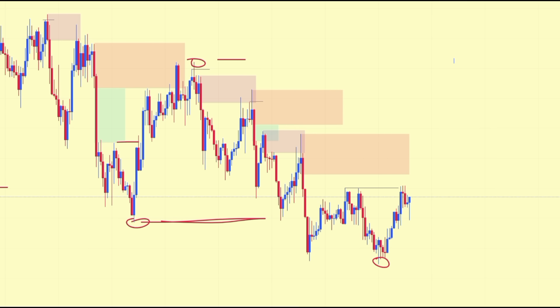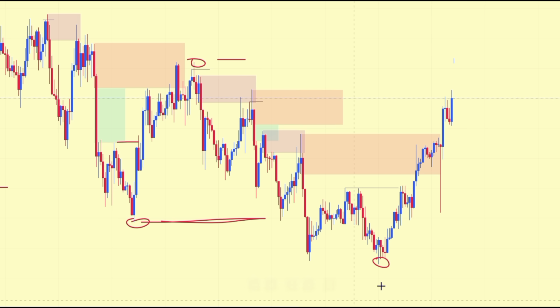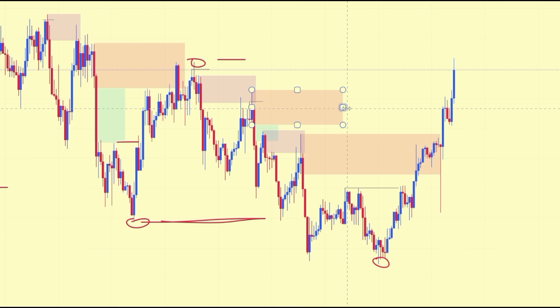So if I continue running price, we can clearly see price has mitigated this order block exactly right there. And you can clearly see it gave this rejection, that long wick rejection. Again, price came to this other one, and you can clearly see it gave another rejection, but then price failed all of them.